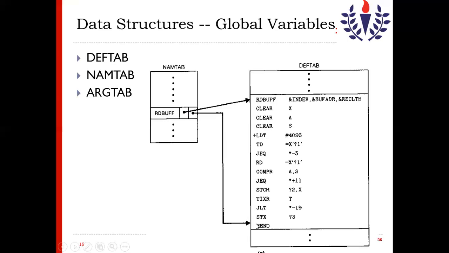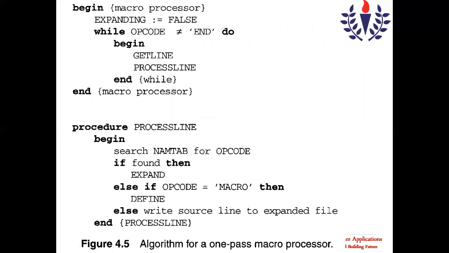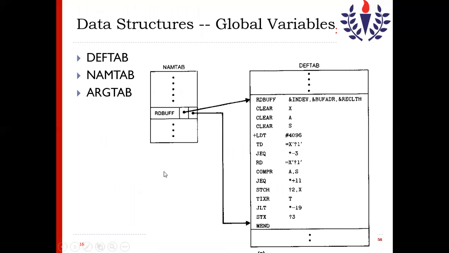So this is during the get line procedure, then expanding will be done. If you see in the algorithm, if the name is in the name tab, then expanding happens, that means if this name is already there, then this code will be picked and replaced instead of its name.